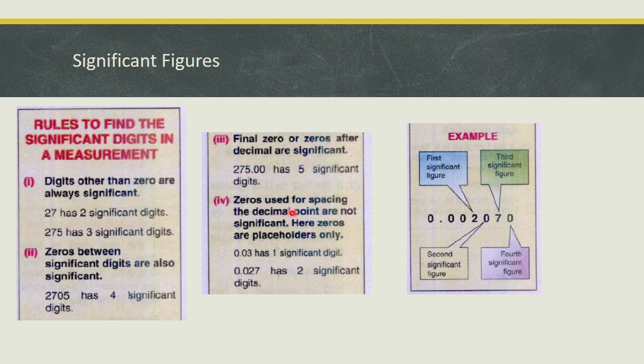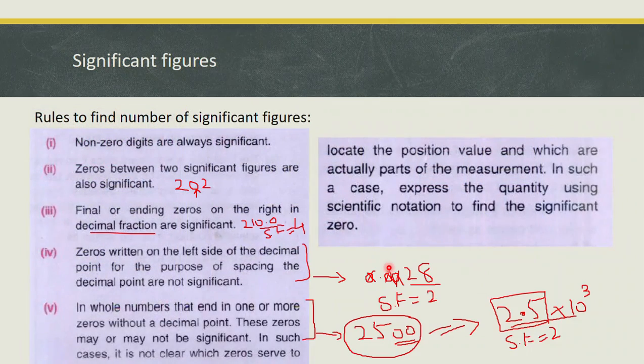Now zeros used for spacing in decimals are not significant, like 0.03. These two zeros are used just for spacing. Similarly 0.027, these two zeros are used for spacing. Only 2 and 7 are significant figures, so it has only 2 significant figures. So this is the summary of the rules that we learn in this topic.